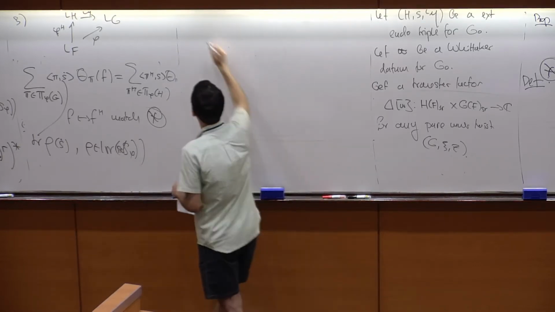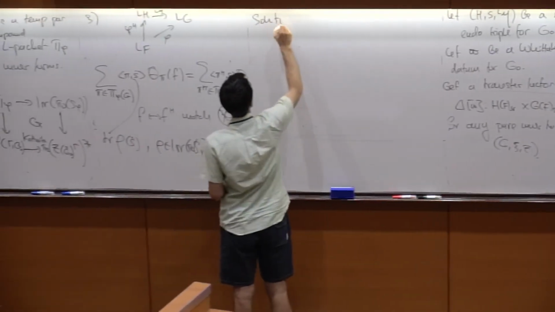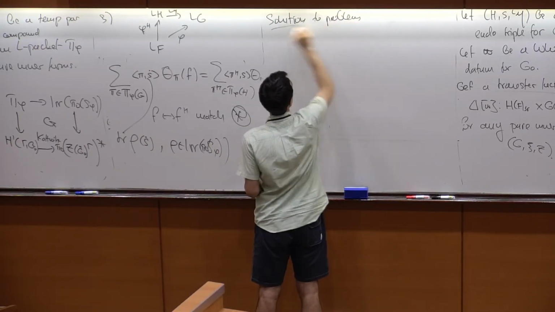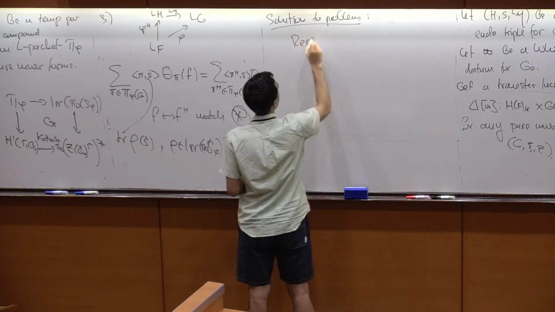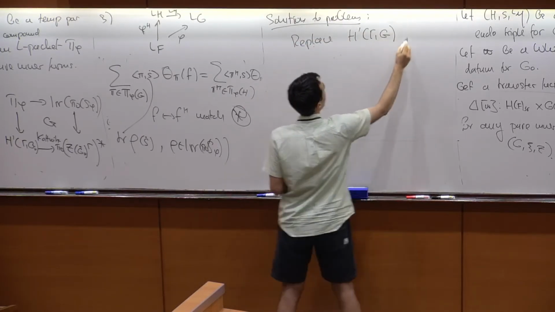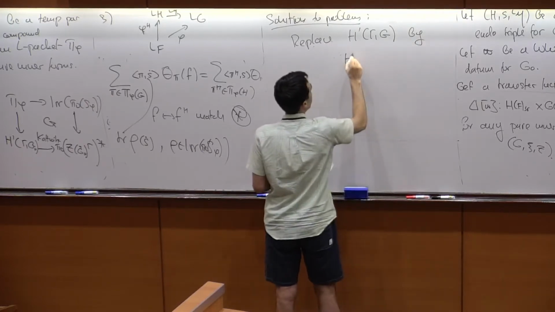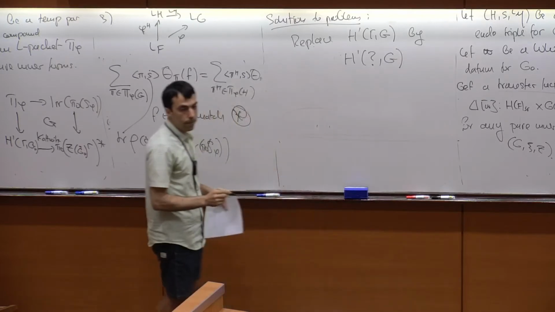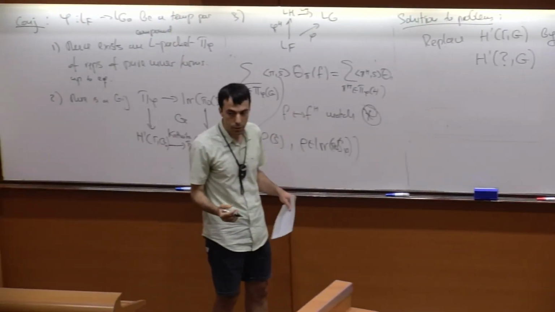Well, the solution to the serious problem is to replace the usual Galois cohomology of G by a different kind of cohomology.